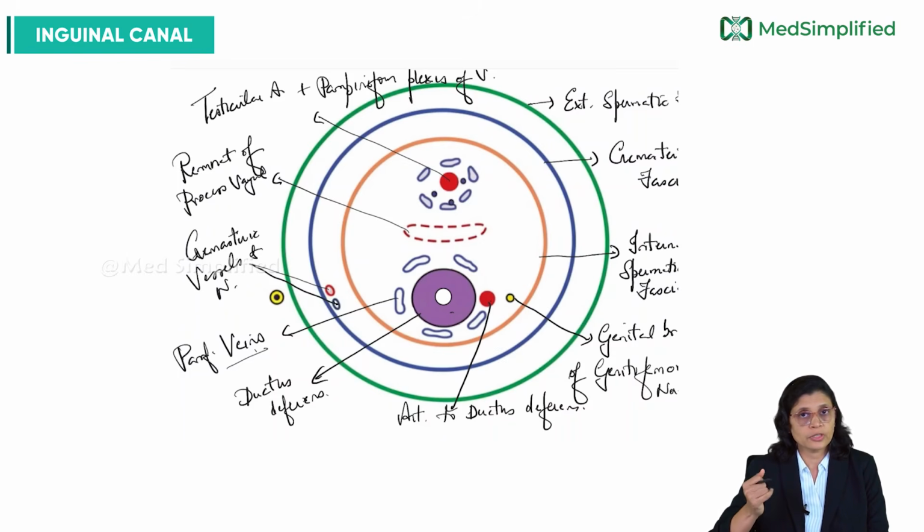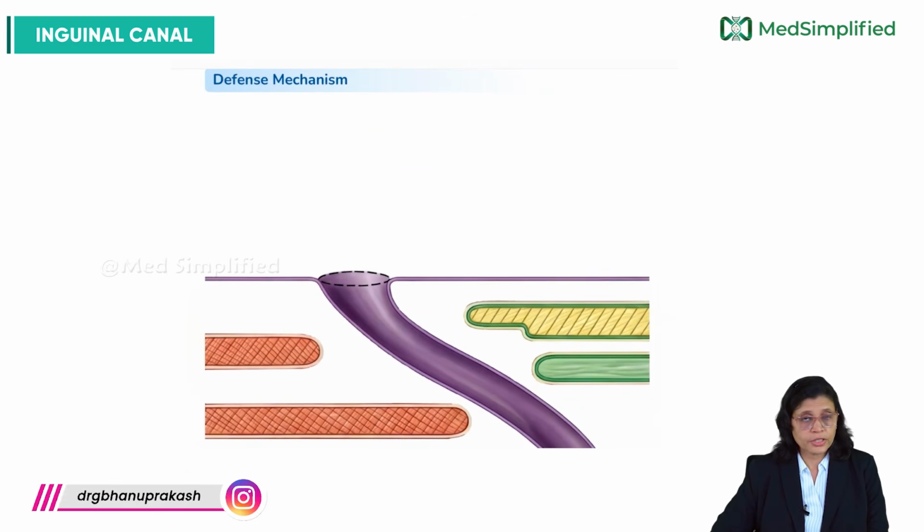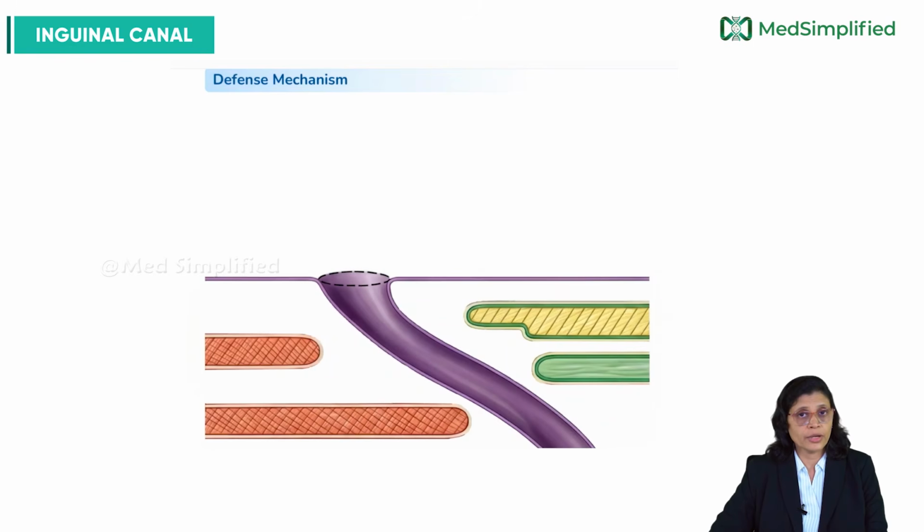So the important thing about the inguinal canal is that it is the site for inguinal hernias, whether direct or indirect. Especially in males, inguinal hernias are more common, whereas in females femoral hernias are more common because of the wider pelvis.